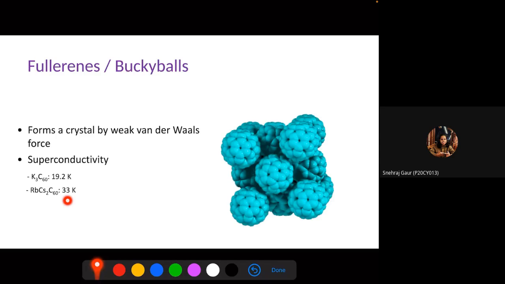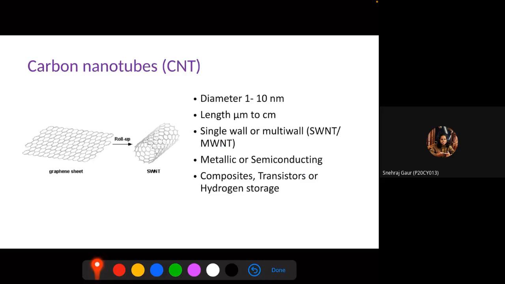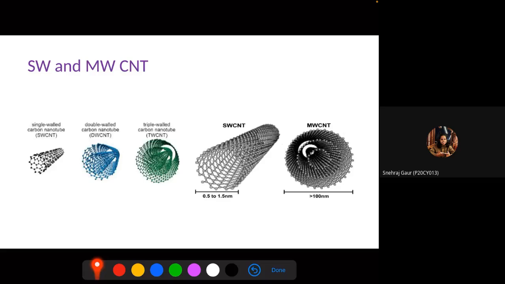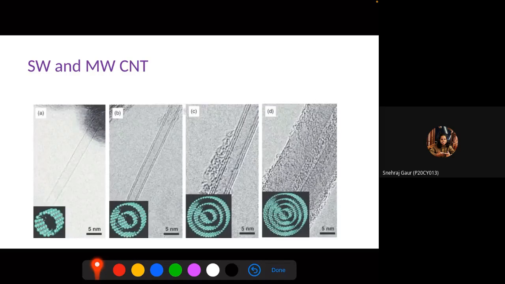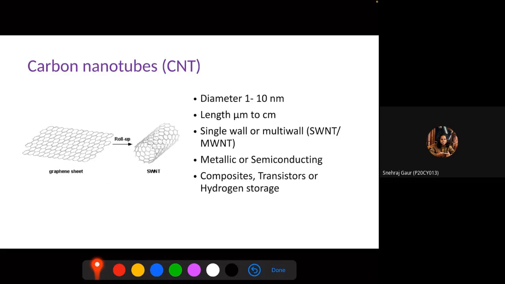Now, if you go to carbon nanotubes, so we have carbon nanotubes. When you have a two-dimensional graphene sheet and you roll it up, you get a single wall carbon nanotube.